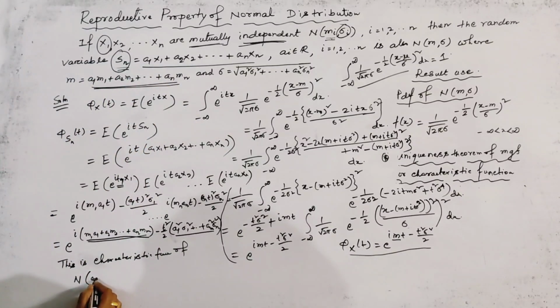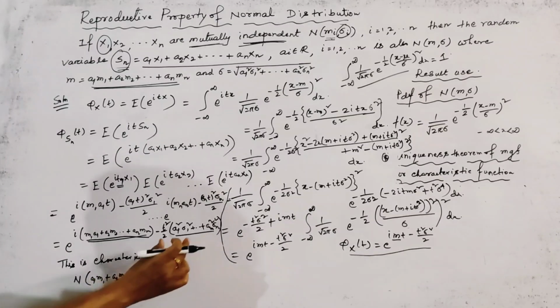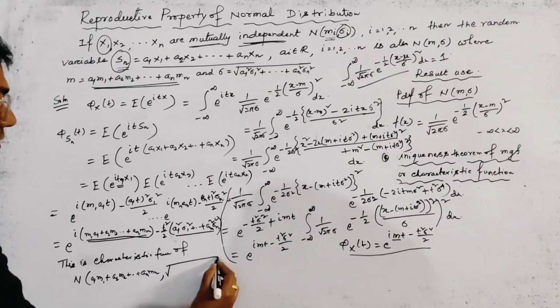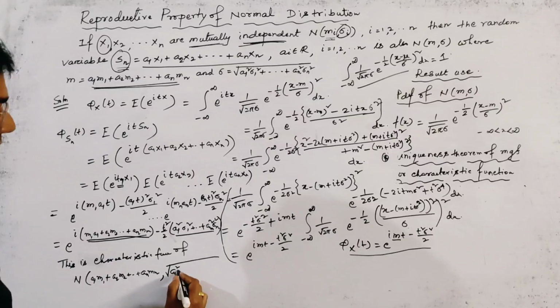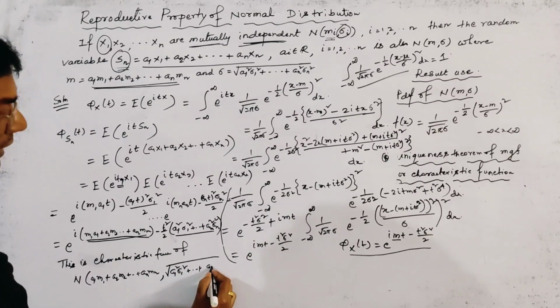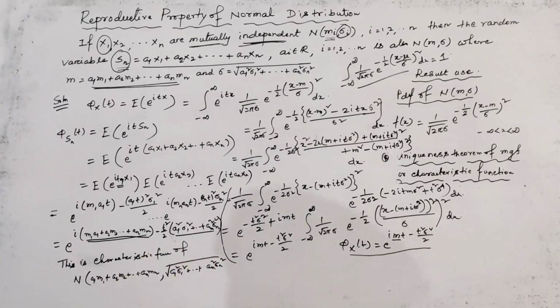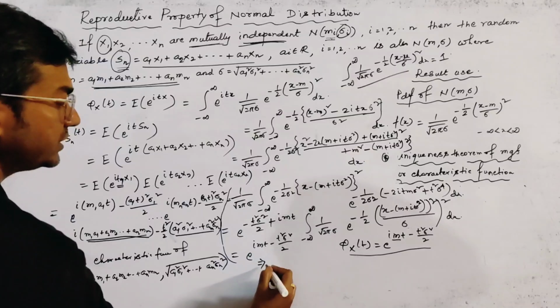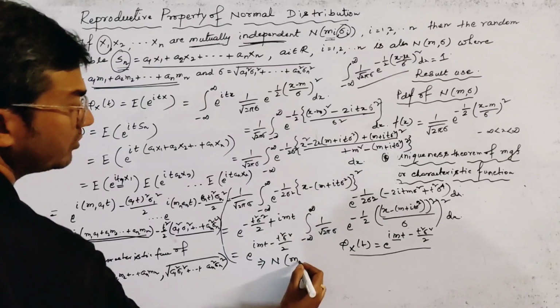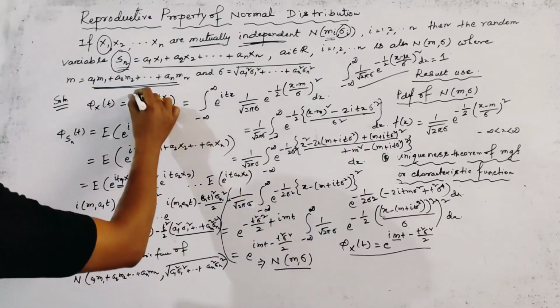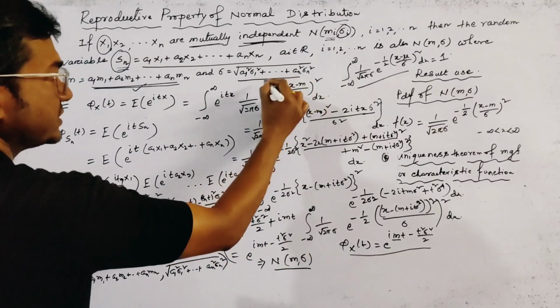And sigma is given by the root of this, so this is a1 square sigma 1 square plus up to an square sigma n square. Okay, and from here, using the given result, this is nothing but N of m, sigma, where m is this and sigma is this.